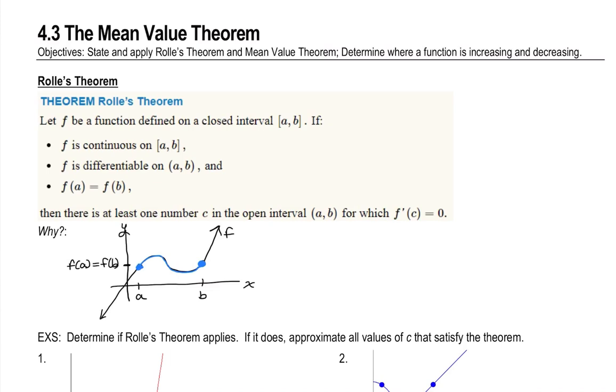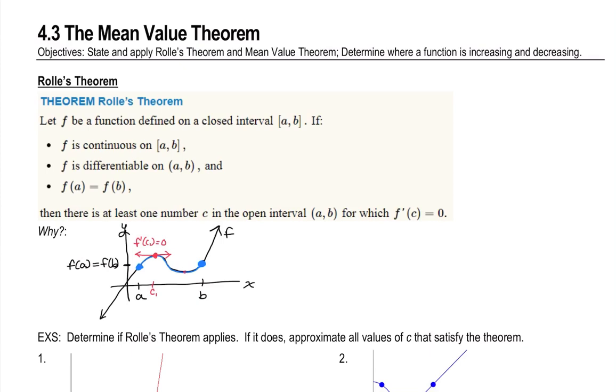There has to be at least one number c in this interval where f prime of c is equal to 0. f prime, of course, is the slope of our tangent line, so we're looking at locations where f prime would equal 0. Certainly this is a location where f prime is equal to 0, and let's call this c1, because I happen to have drawn a picture where there are a couple of locations, but there has to be at least one.